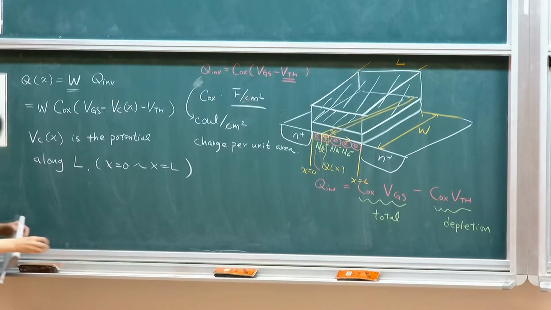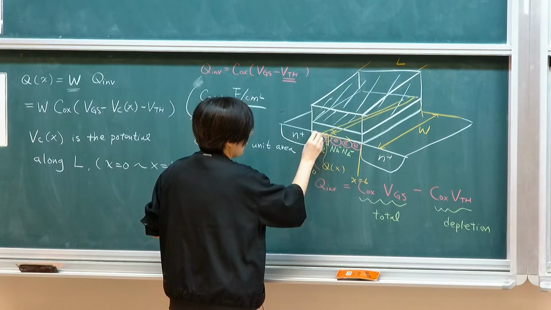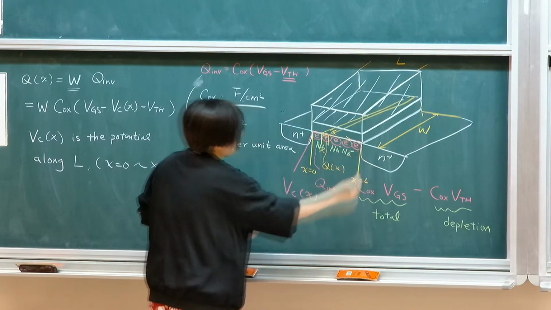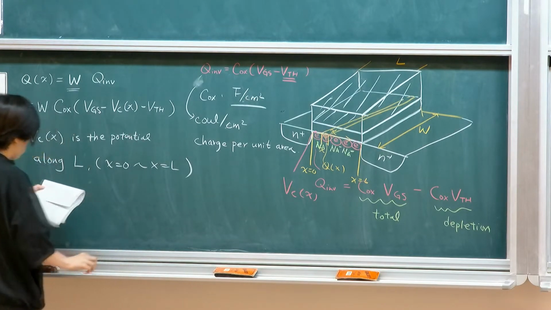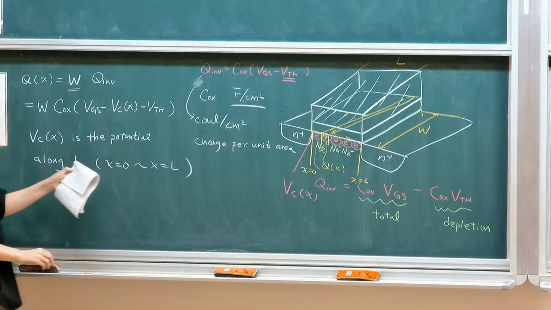So this is simply referred to as the potential here, Vc. It may not be uniform as we apply different potentials, different conditions. So before we enter the discussion, we need to find our boundary conditions.